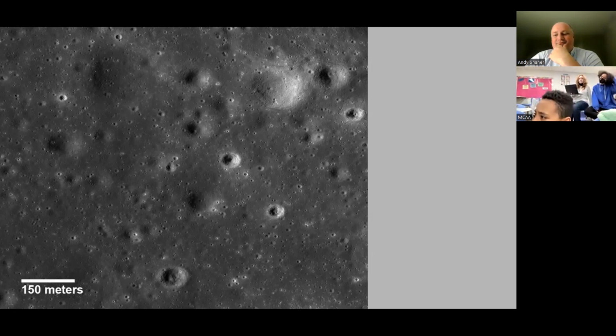Oh yeah, meteorites. Like simple impact craters. So yeah, I'd say the smallest ones are the simple craters. Yeah, so these are all simple craters.